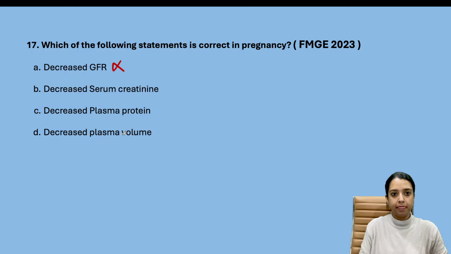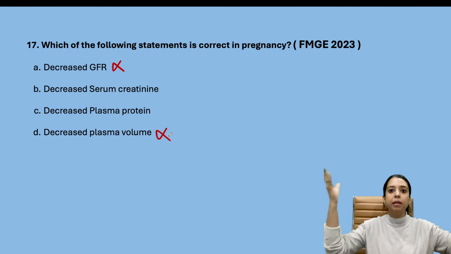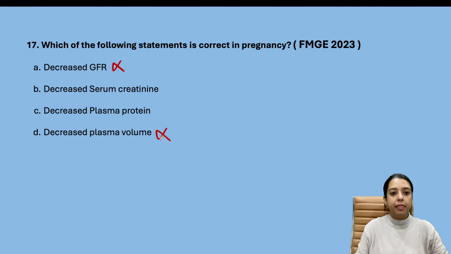No. Decrease in plasma volume? No. Blood volume and plasma volume rise in pregnancy. The woman has more blood in her body. Does the serum creatinine value decrease? Yes. Decrease plasma protein? I told you that yes, protein concentration also falls.